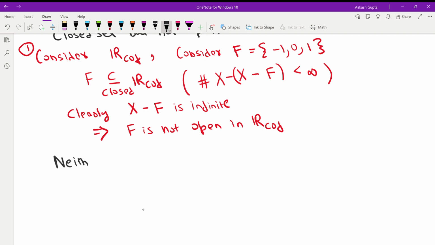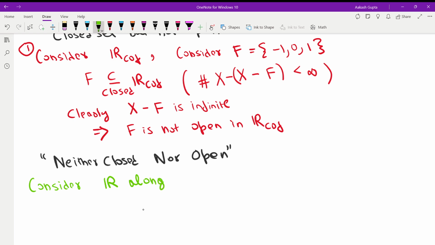So, neither closed nor open. Let me again give you only one example of this. You can similarly construct more. So consider R along with, I hope now you have guessed the name of the topology, tau_COC, that is co-countable topology.